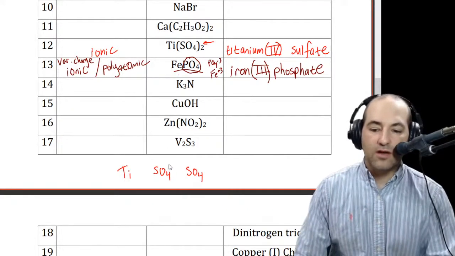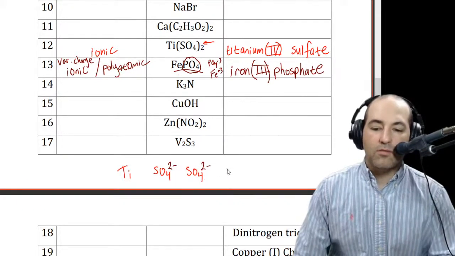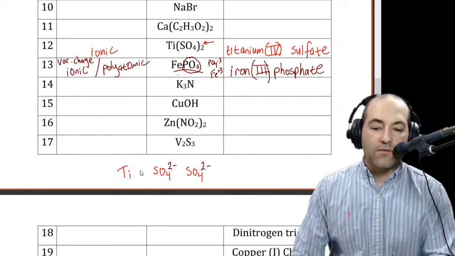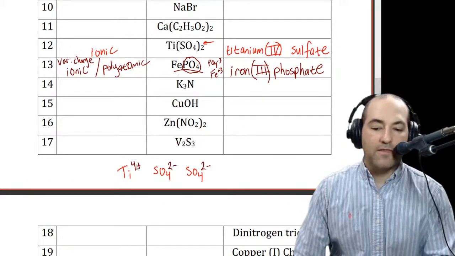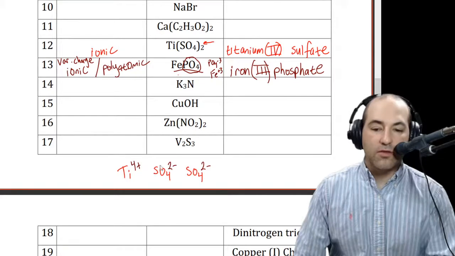So sulfate is -2. And if there are two of them, that means our total negative charge in this compound is -4. -2 and -2 is -4. So therefore, the titanium has to be +4 to offset them, because you need an overall neutral compound. So if you have 4- overall, you need 4+ to balance that out.